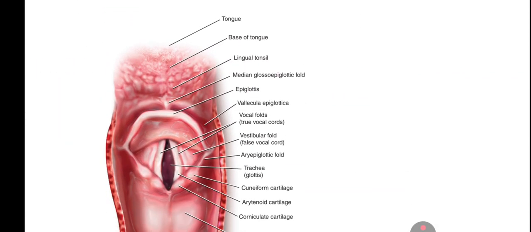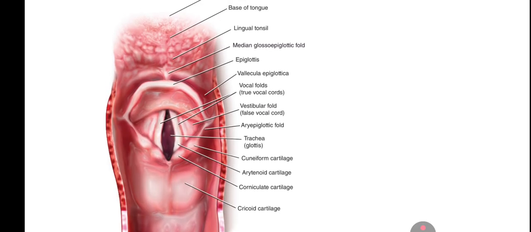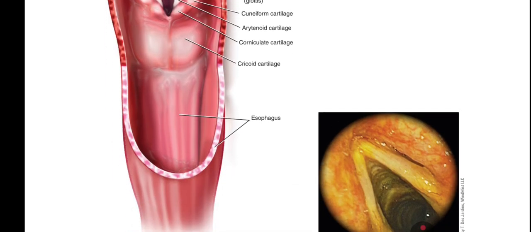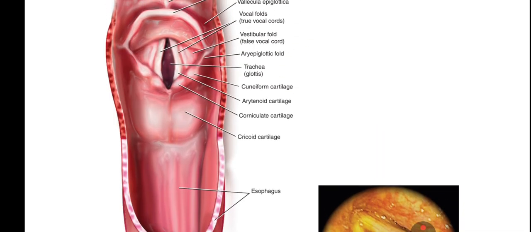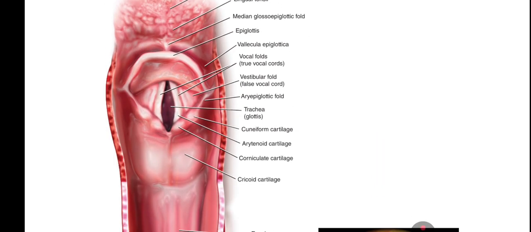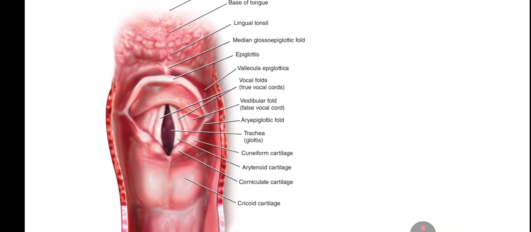Okay, so here's our base of the tongue. This is where the hypopharynx starts, up to the bifurcation here. So basically this is our hypopharynx. The vallecula epiglottica, as you can see here, is a site or landmark for intubation, for putting in your endotracheal tube.